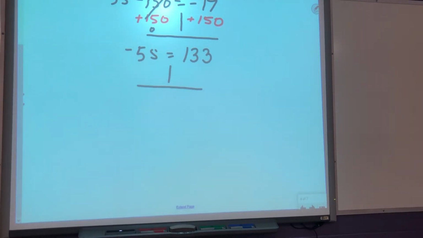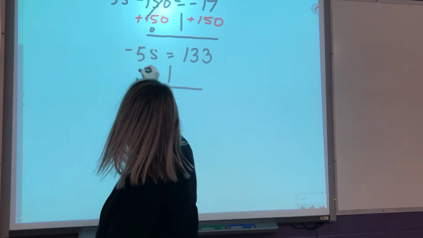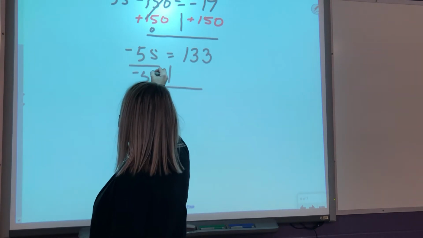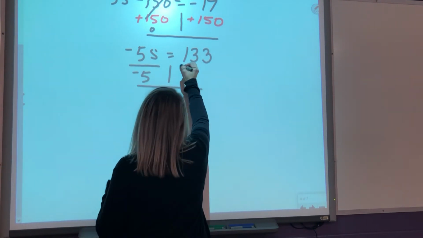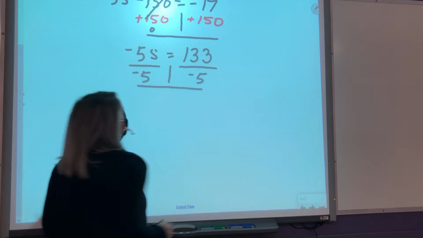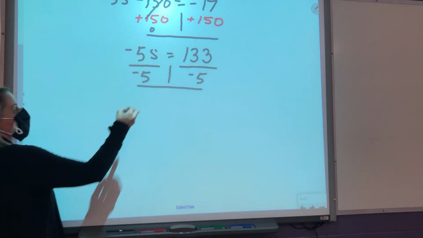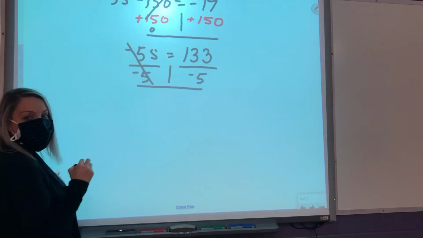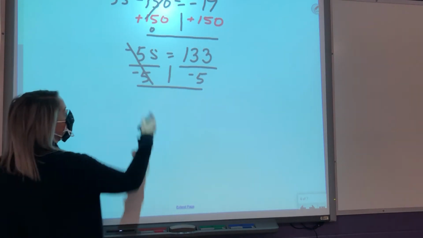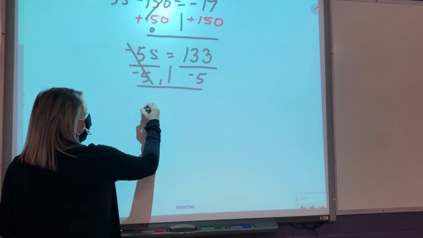Emma? By dividing by negative 5. Very good. I'm going to divide by negative 5. So divide the left by negative 5, and whatever I do on the left, I need to do on the right. So this is where they cancel. Negative 5 divided by negative 5 is 1. So we're left with our s.